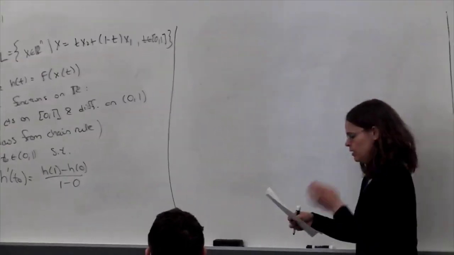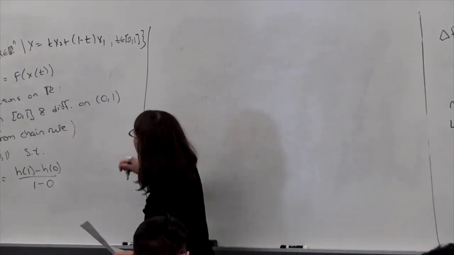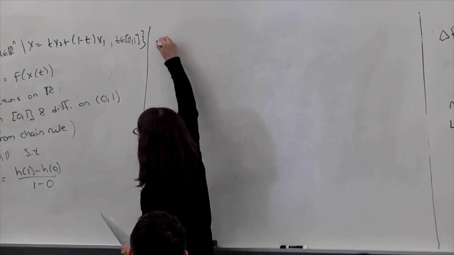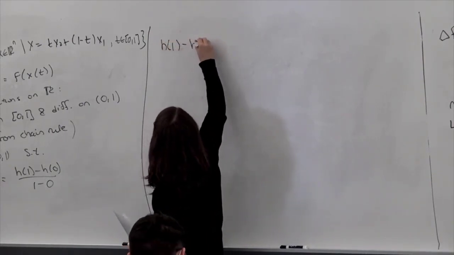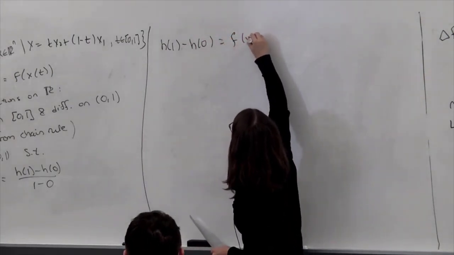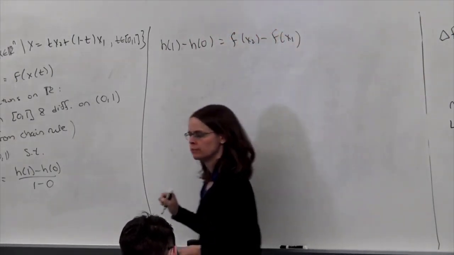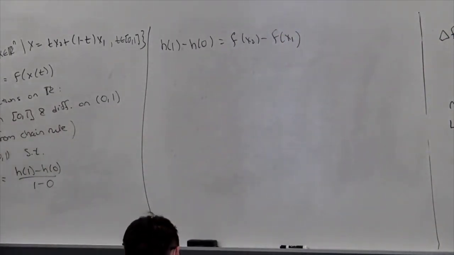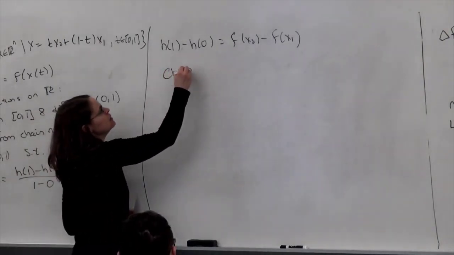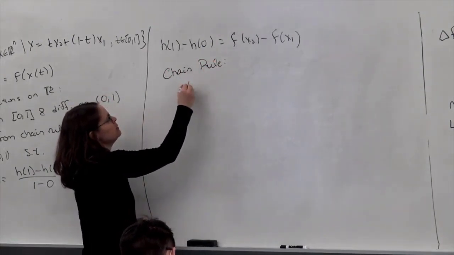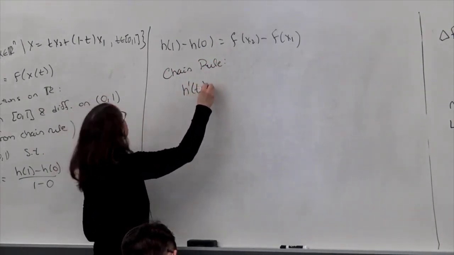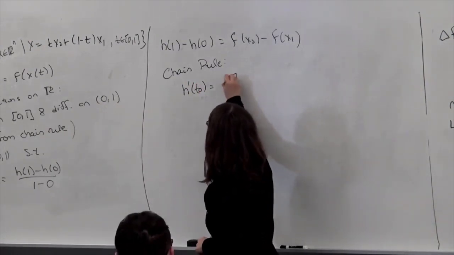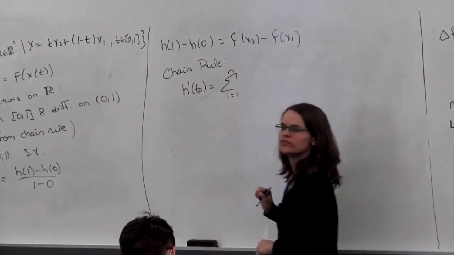Okay, so let's do it. We know that h of 1 minus h of 0 is equal to f of x2 minus f of x1. We can take the derivative of this with respect to the chain rule. So by the chain rule, h prime of t naught is going to be equal to, well, we have to sum over all of these different partial derivatives.